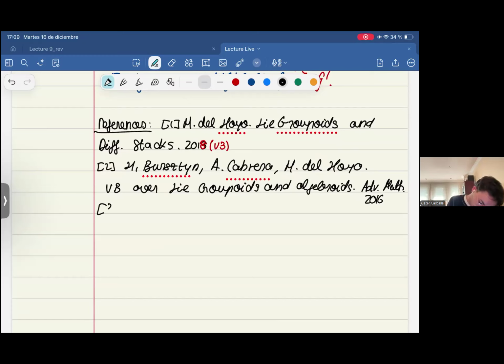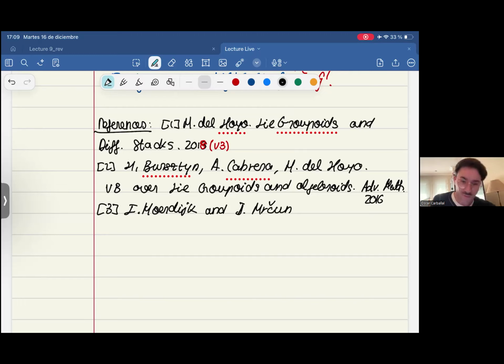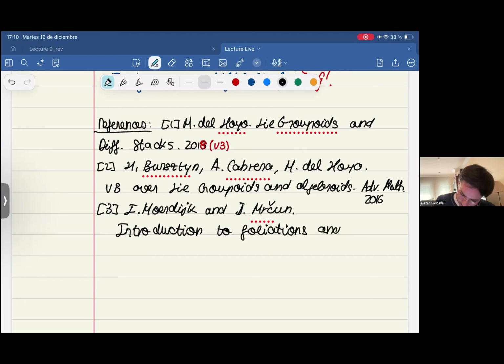And the third one, which is a very, very nice book I like a lot, is from Moerdijk and Mrčun, which is Introduction to Foliations and Lie Groupoids. So this is all. I hope you like it, and thank you for your attention.